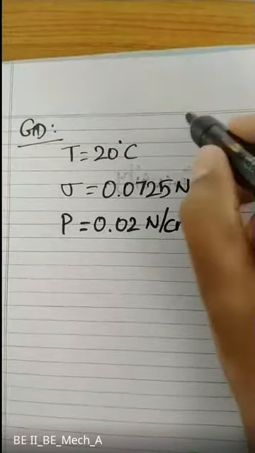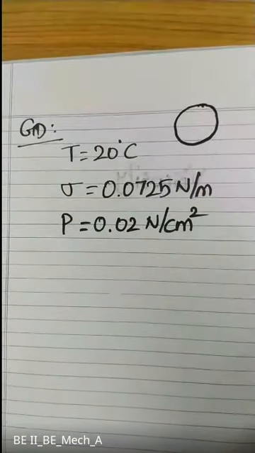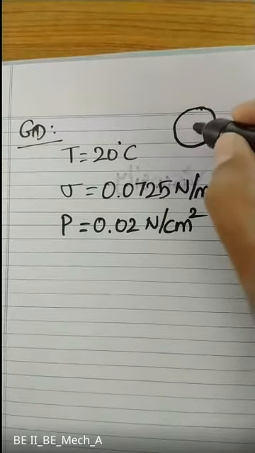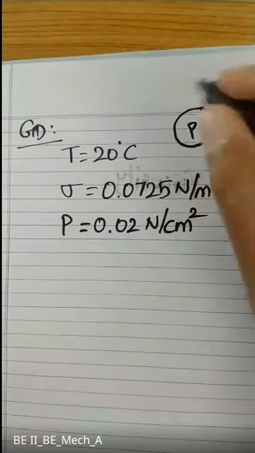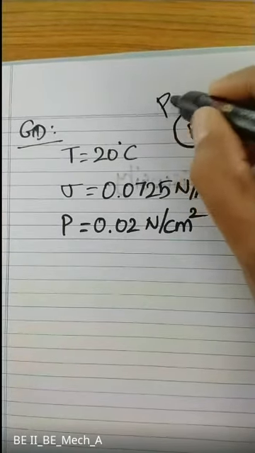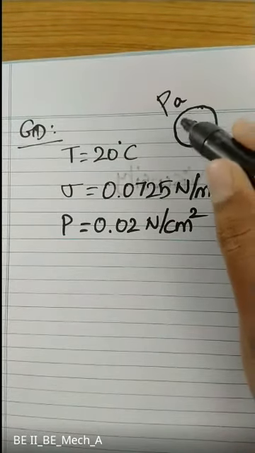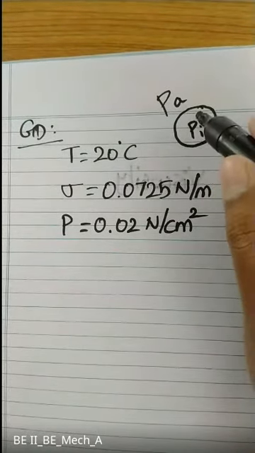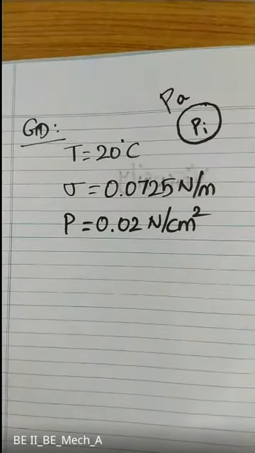Actually, I'm going to draw the problem. Please consider this as a water droplet. This water droplet will have an inside pressure, it will be Pi, and it is surrounded by atmospheric pressure. This inside pressure is 0.02 Newton per centimeter square higher than the atmospheric pressure.